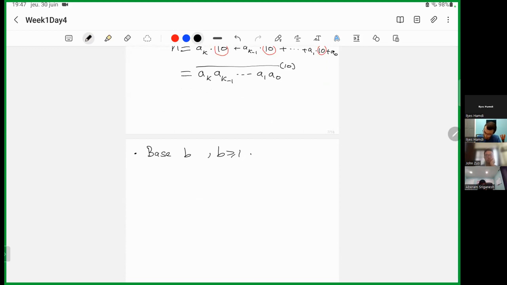I will take it at least 2. Otherwise, it doesn't make any sense. Okay. So I take n to be a positive integer, and I will write down n in base B. So it says exactly the same thing. There is a unique representation.